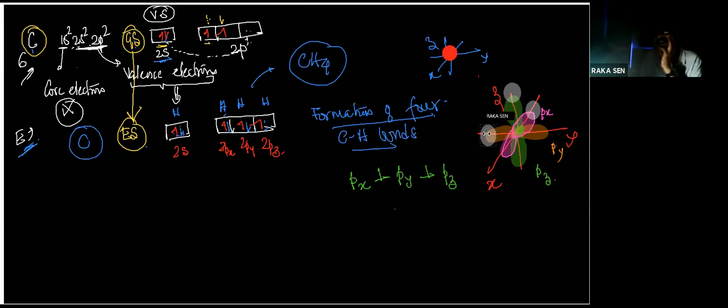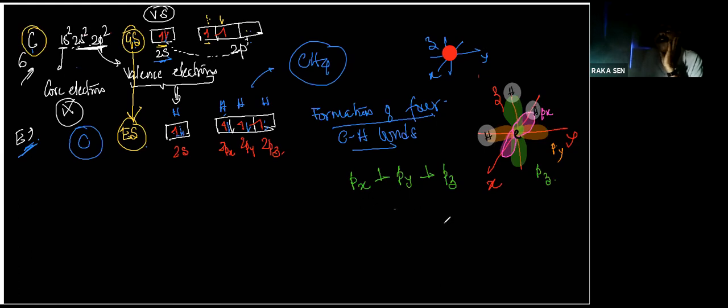So this was z and this is y. So these 3 carbon-hydrogen bonds, this is my hydrogen. This is my origin, this is where carbon is. This is my hydrogen, this is my hydrogen.